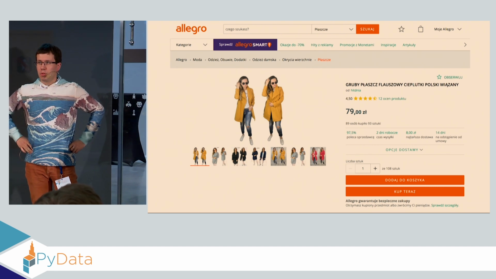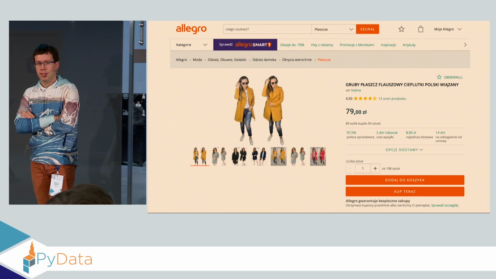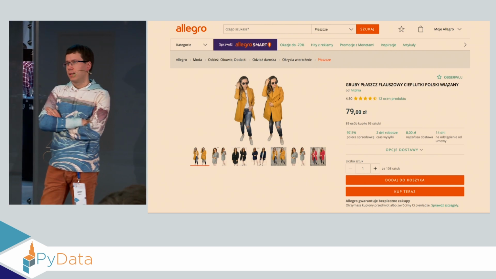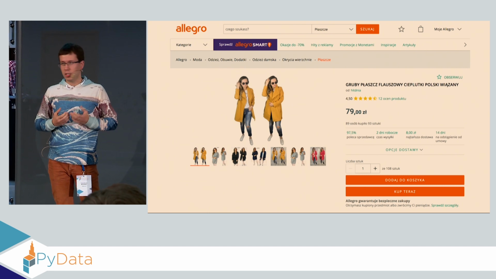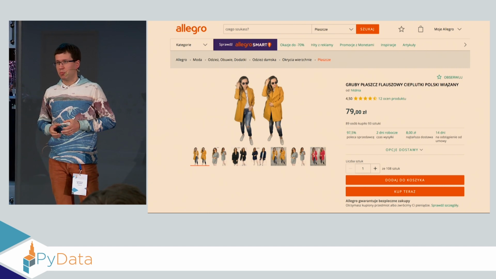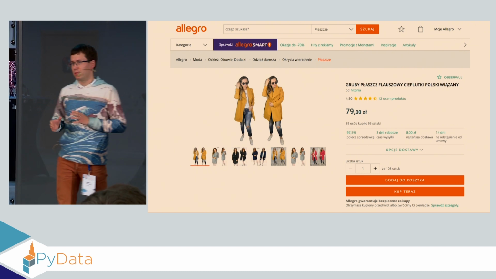And one of the problems we have is that since there are many different sellers, the descriptions that they provide for the products vary in quality very much. Sometimes the descriptions are very precise, sometimes they're really random.